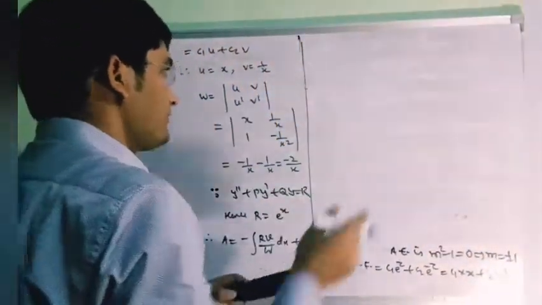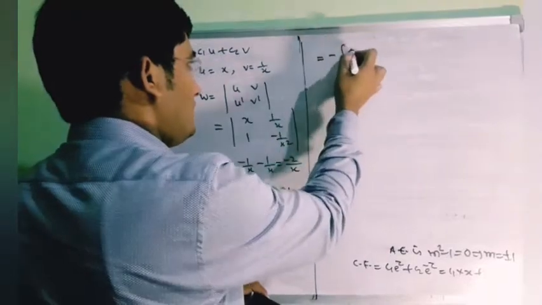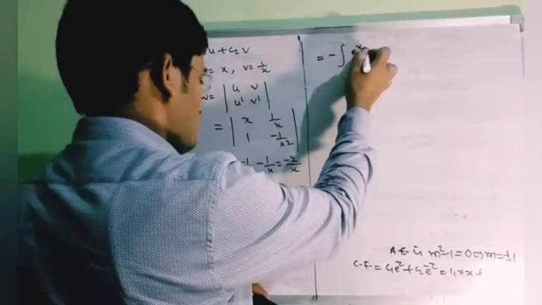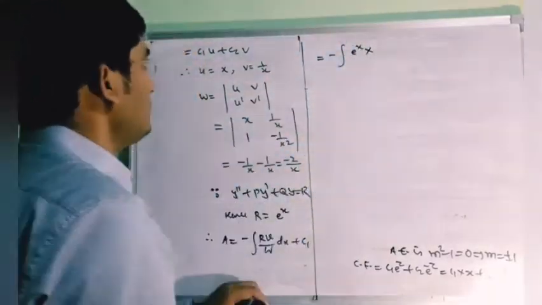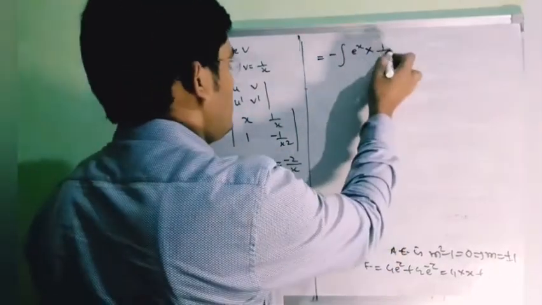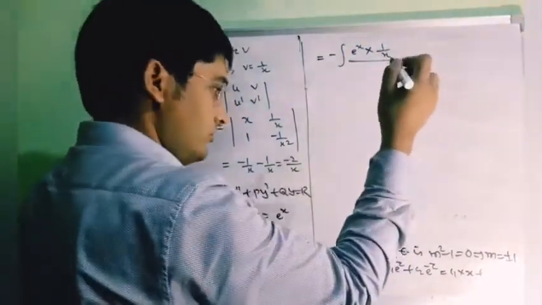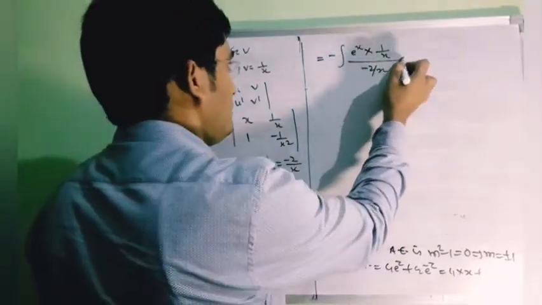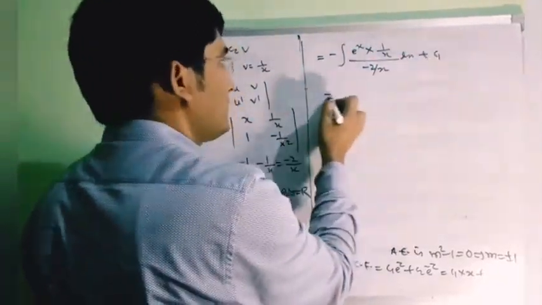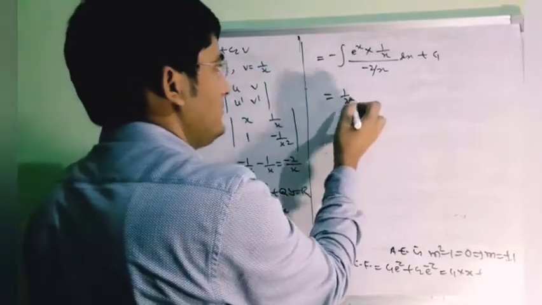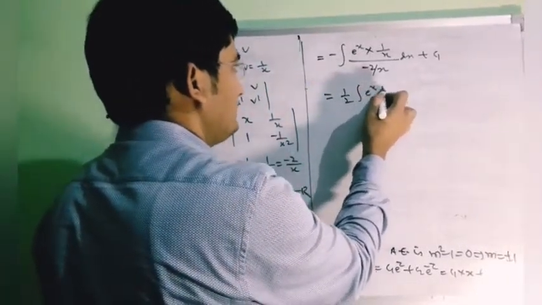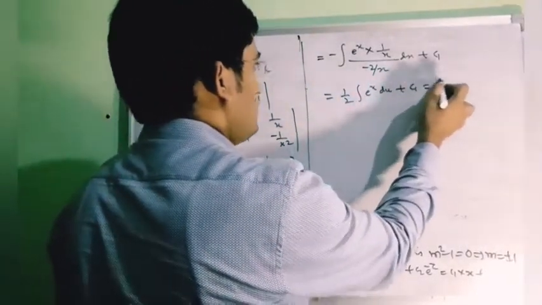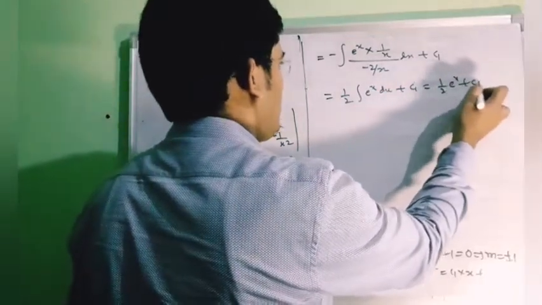This is equal to minus, r means e to power x, into v, our v was 1 by x, upon w, our w is minus 2 by x, then integration with respect to x, and then c1. So you can see that this is simply 1 by 2 of e to power x, and this is your 1 by 2 e to power x plus c1.